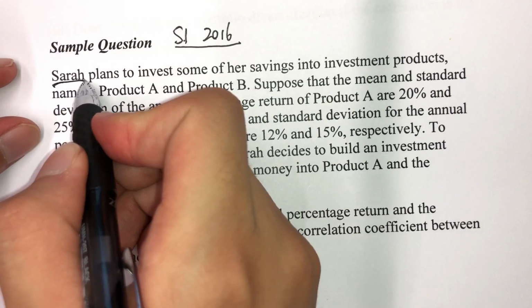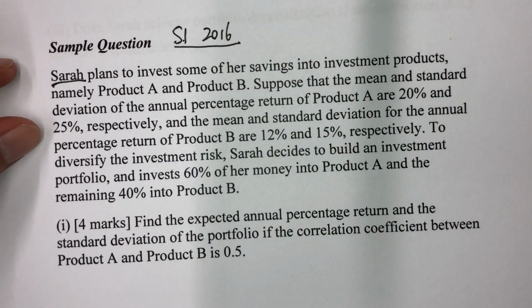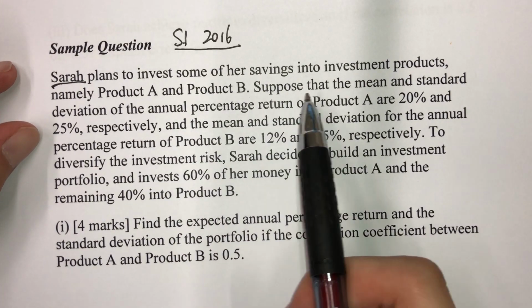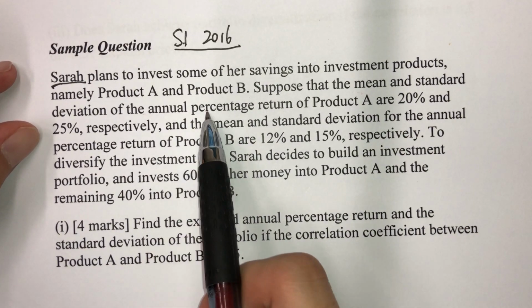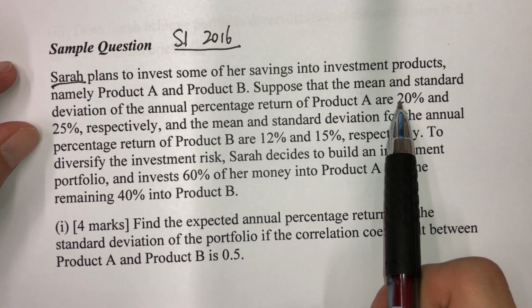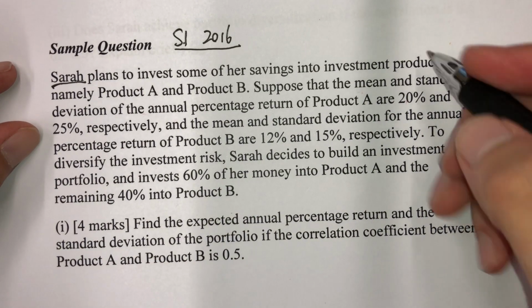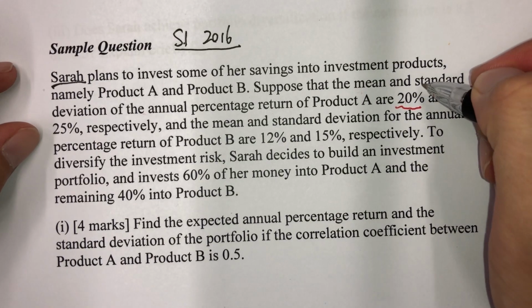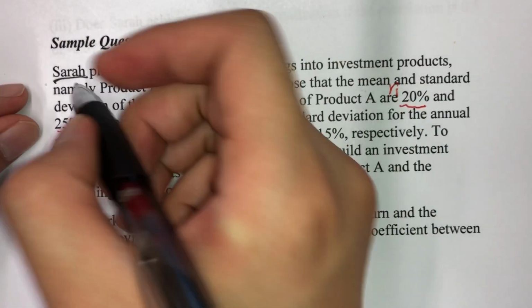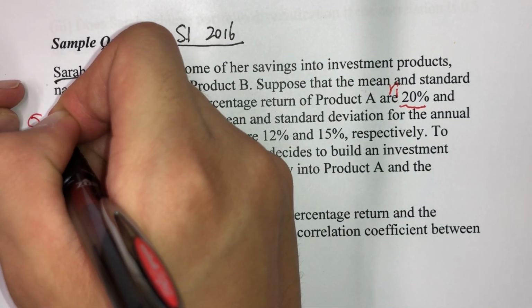It says Sarah plans to invest some of her savings into investment products, namely product A and product B. Suppose that the mean and standard deviation of the annual percentage return of product A are 20% and 25%. So this is the mean of A and standard deviation of A. Therefore, we just put this 20% as R1 or RA or whatever you like, and this 25% as sigma A or sigma 1 or whatever.